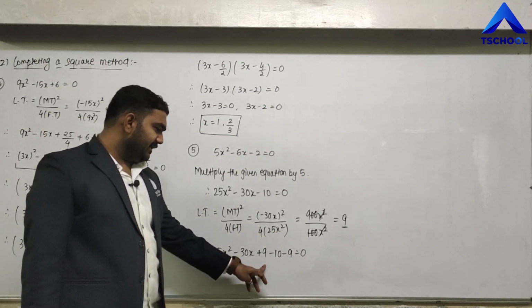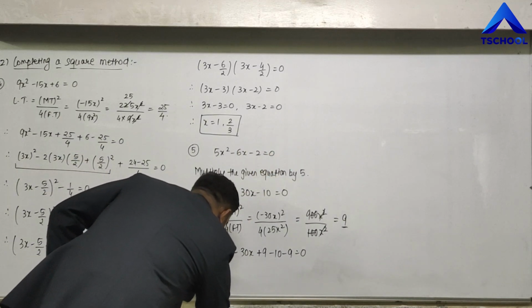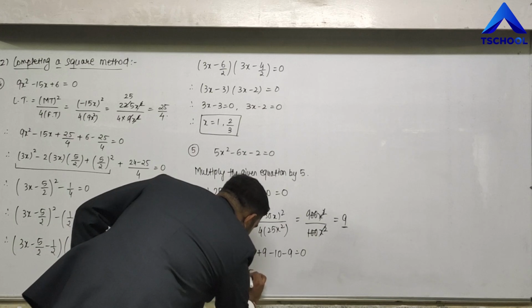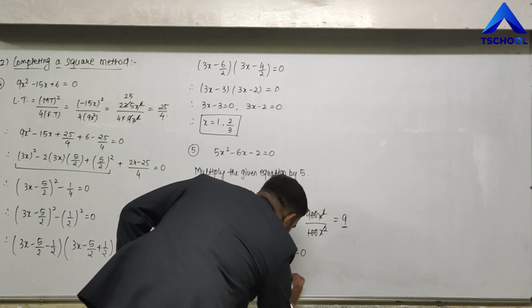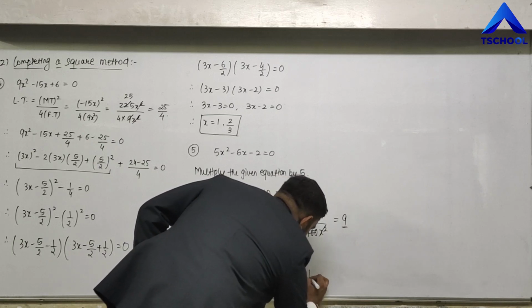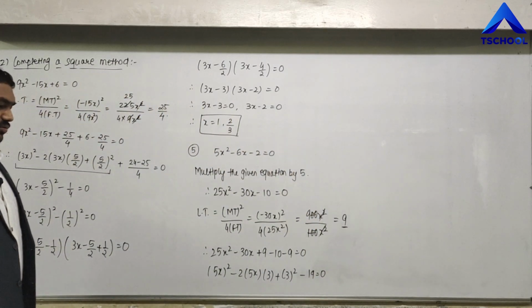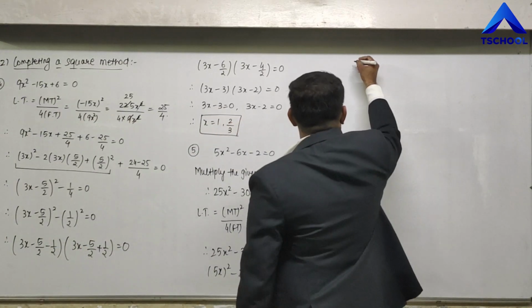First of all we have added 9, then we have subtracted 9. So what we will get here is 5x whole square minus 2 into 5x into 3 plus 3 whole square minus 19 is equal to 0. Is it clear?